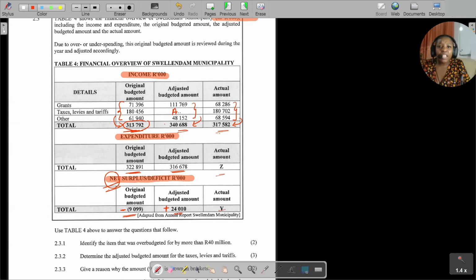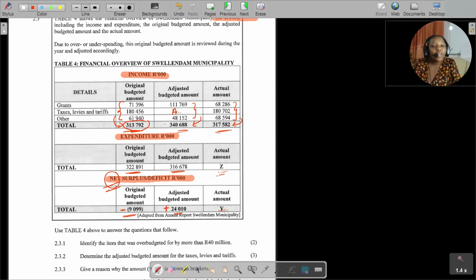Then here, we can't really figure these out because there are a lot of unknowns. But roughly, we now have an understanding of how we need to go about analyzing this table. That's all that's required. We just need the skill of being able to look at a table, look for a pattern, and use that pattern to help you answer questions.